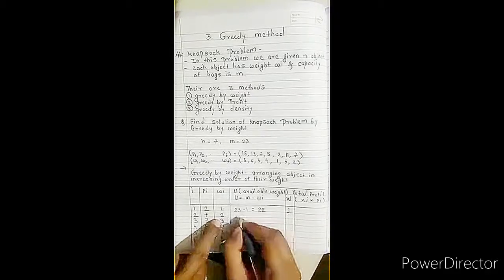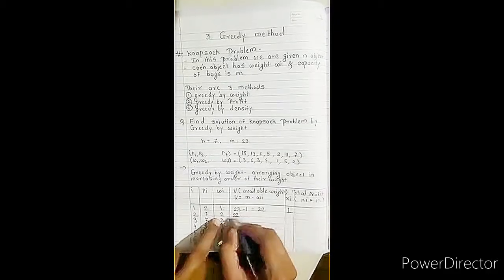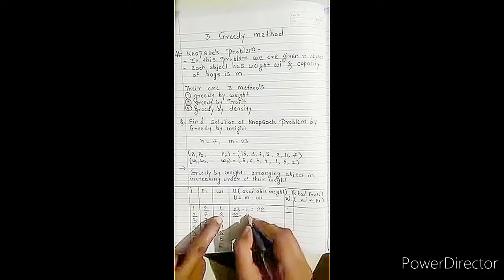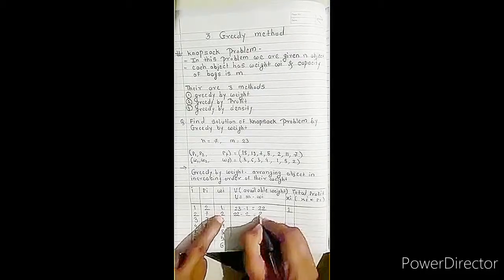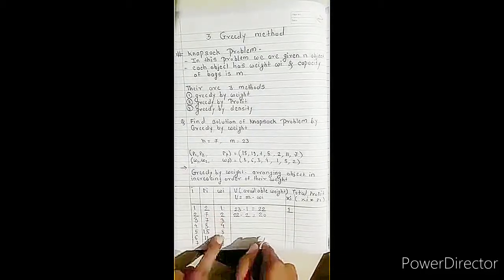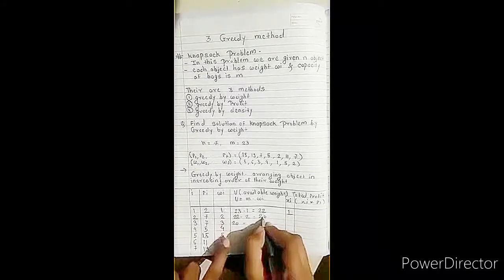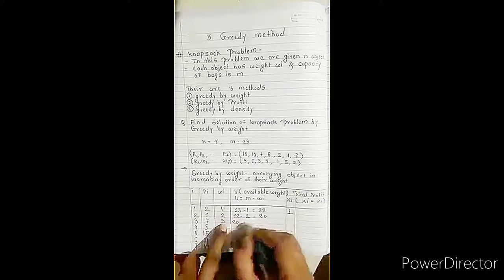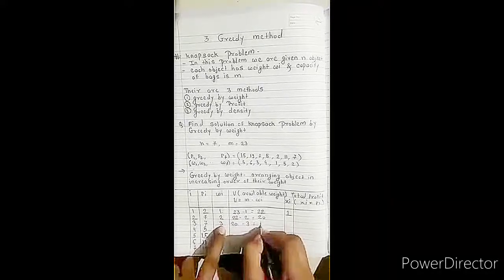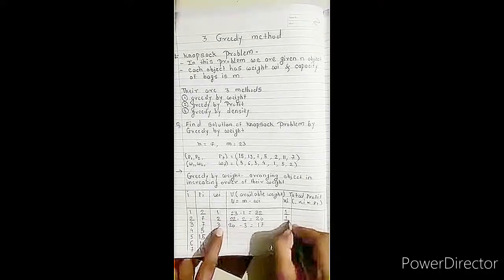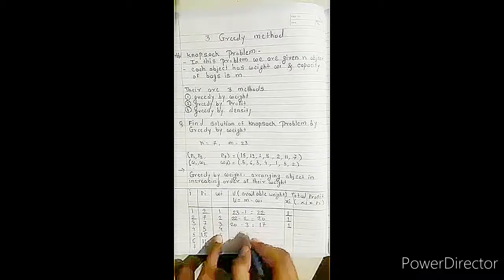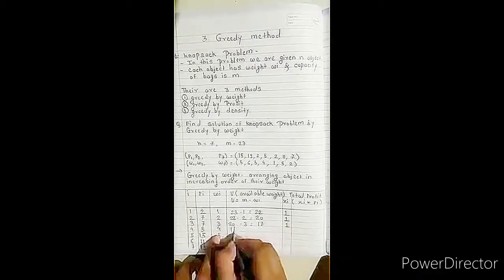Then the available weight is 22, and 22 minus Wi, which is 2, gives 20. Similarly, the available weight is 20, Wi is 3, so 20 minus 3 is 17. Here note down 1.